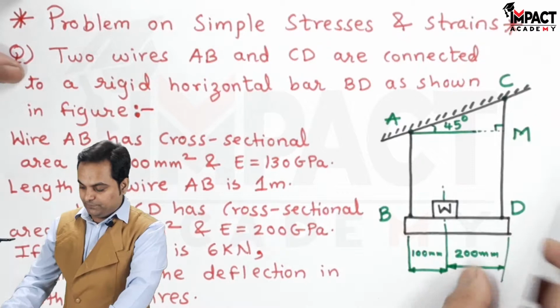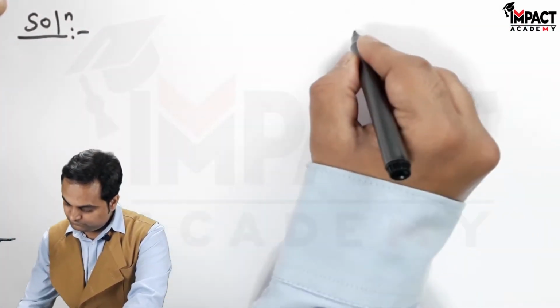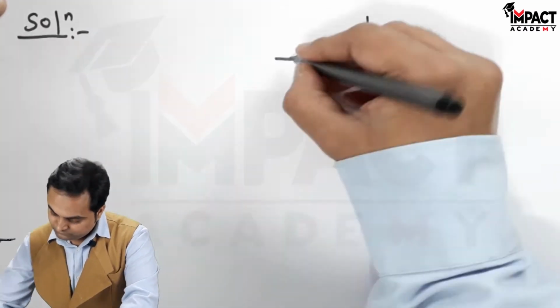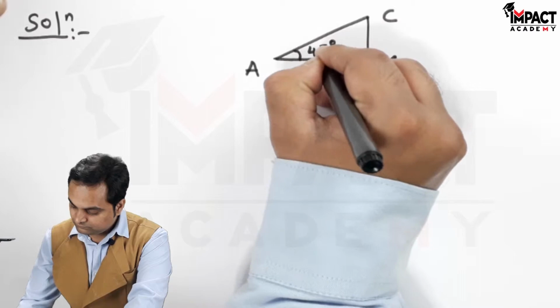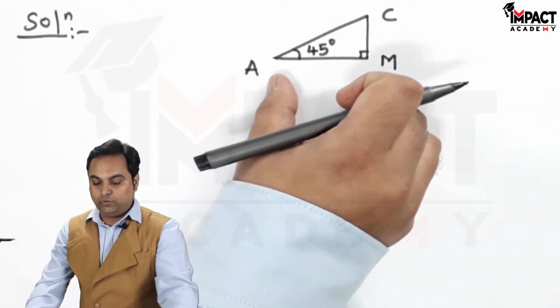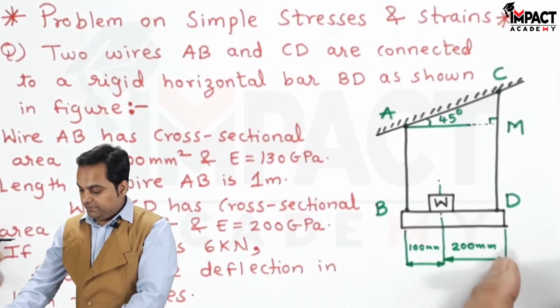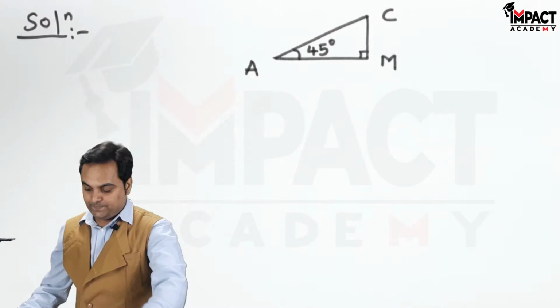So into the solution part. CM is what we have to calculate, and this value of A to M, it is corresponding to the total length, that is 300 mm here.